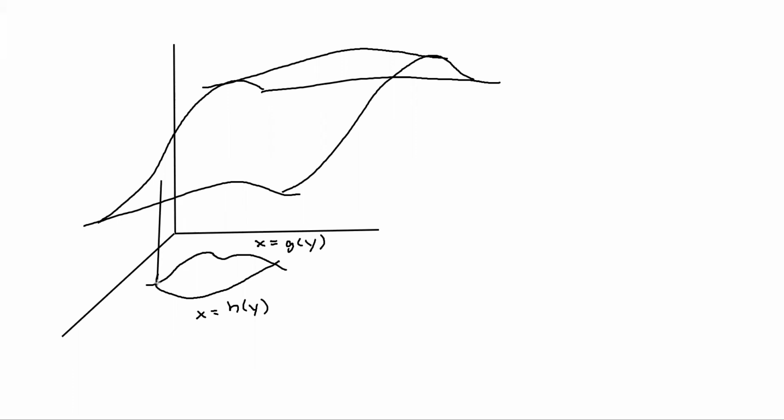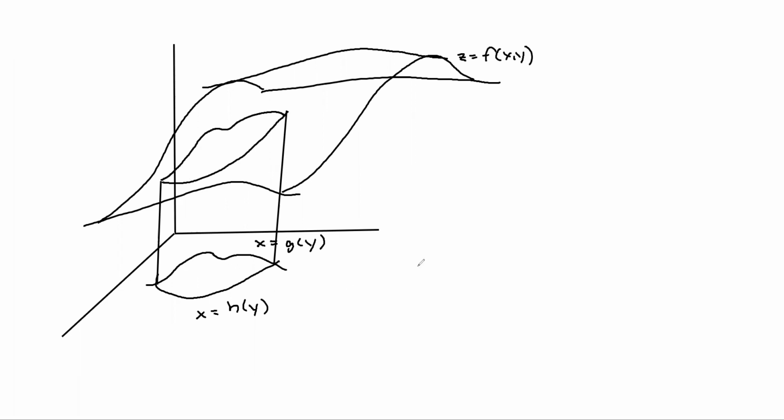The object is going to go up, hit the surface, up, hit the surface, and then this piece would be defined like that, and this piece would be defined like that. So that's our volume beneath the surface z equals f of x y, where we have the base here.